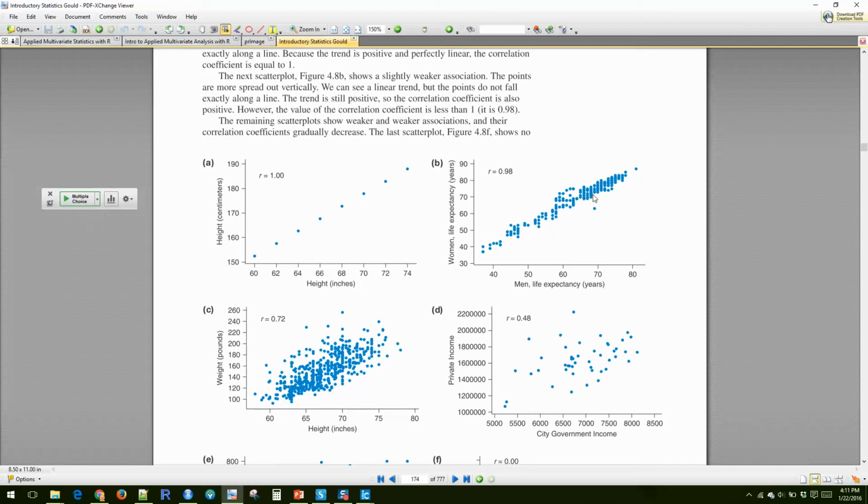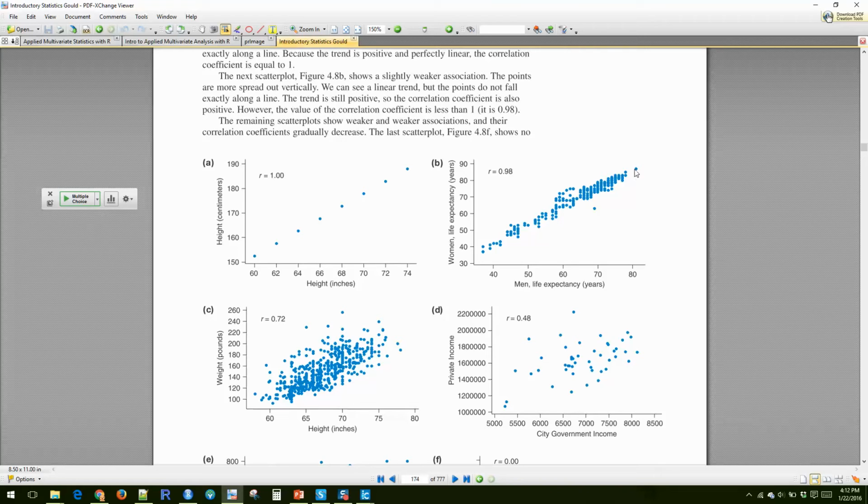All of these, we first have to plot them to make sure they're linear, and if they're linear, then we can apply our interpretation of correlation. This is strong positive, with very little scatter. R is like 0.98. It says life expectancy for men, life expectancy for women, so this is probably from country to country.